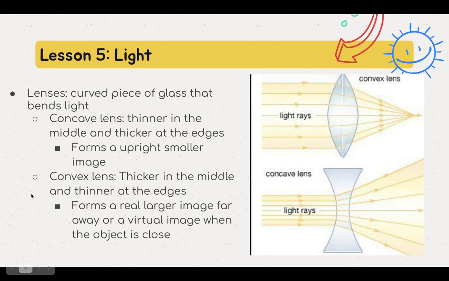Then there's a convex lens. That's when the lens is thicker in the middle and thinner around the edges, so right here. Okay, that forms a larger image when you're far away, and a virtual image when the object is close. And again, we'll get into that more when we talk about it during lesson 5.